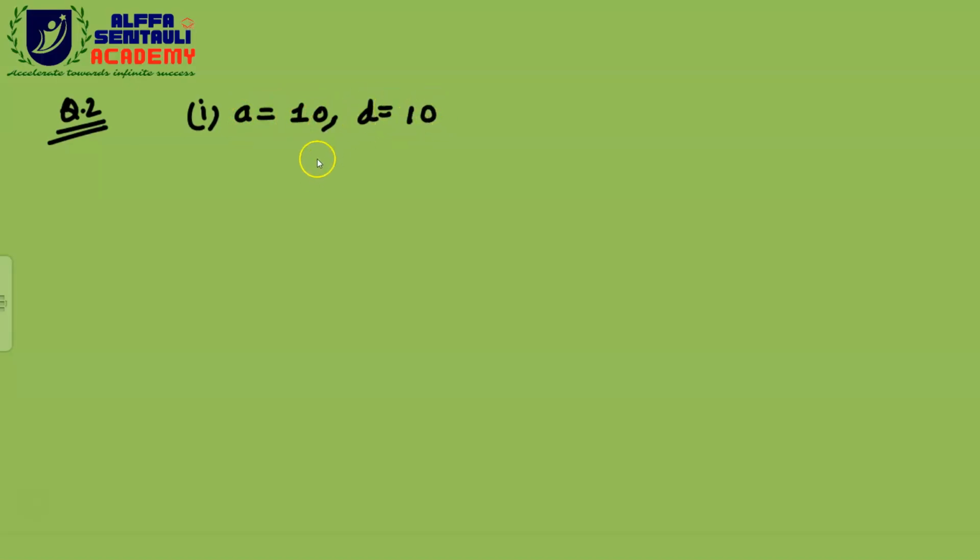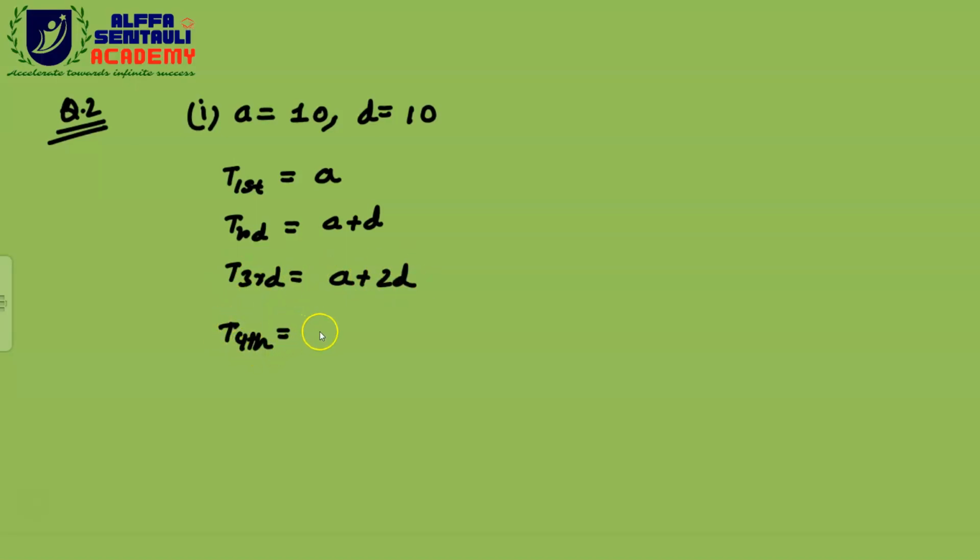See, I'll tell you what should be the first term. First term should be A, because the first term is constant. What is the second term? A plus D. Then what is the third term? A plus 2D. Correct or not? So your common difference will be increasing, correct?